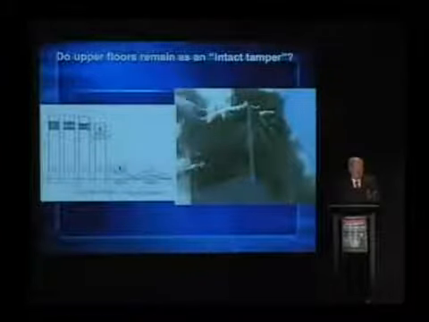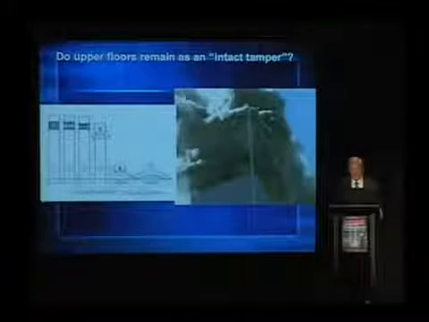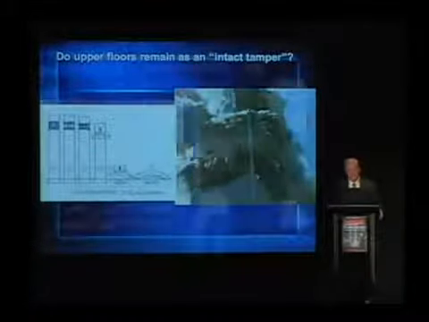So then what is left, where's this block, this tamper that's supposed to wipe out the lower floors? Sorry, it ain't there. I mean, look at the data. It just bothers me that they have this nice model on the left, but it's inconsistent with observation. It's also inconsistent with Newton's laws.